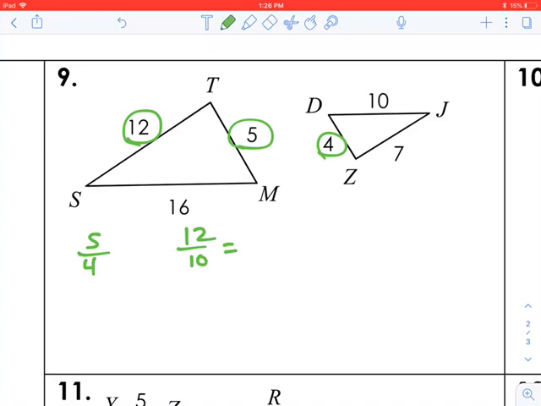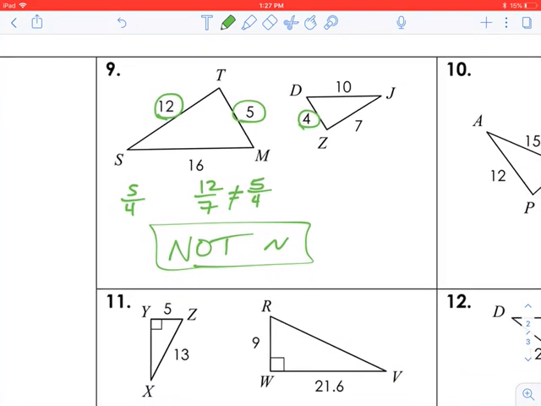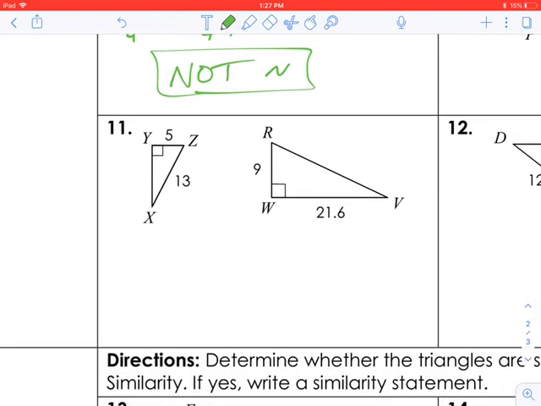So 12 over, not 10, but 12 over 7. Well, think about this. Does 12 over 7 reduce to 5 over 4? It does not. Okay? So 12 over 7 is not equal to 5 over 4, so therefore not similar. Not similar. All right?